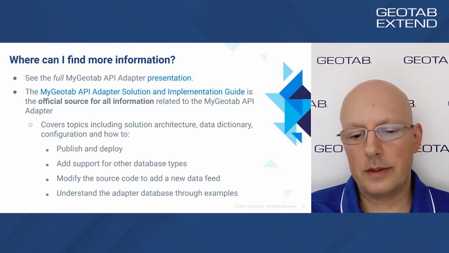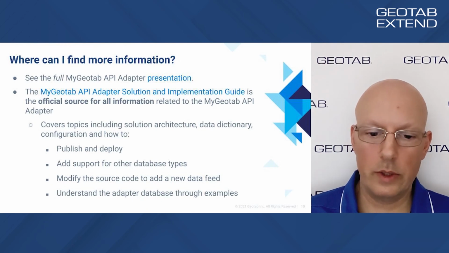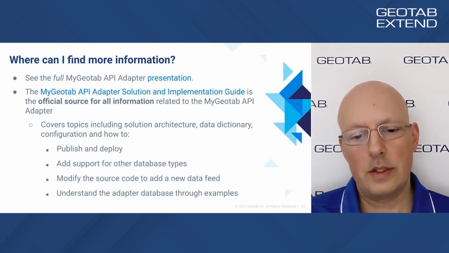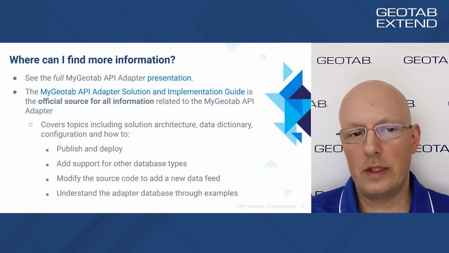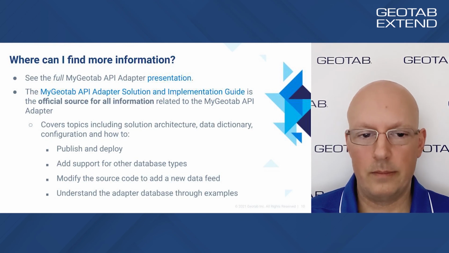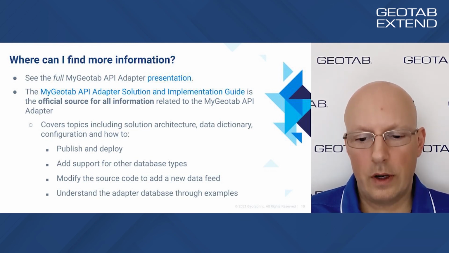There's another section that goes through an extensive example, including code snippets, that would show you how to add a new data feed. So this is, for example, if you don't see the data that you're interested in listed in this document, you can follow all these steps.